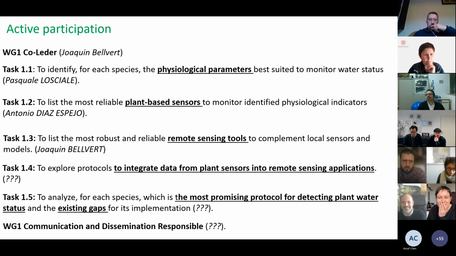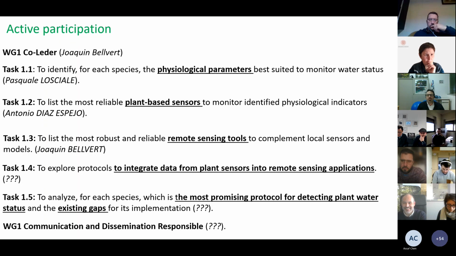And so the last point is about the active participation within this working group. So I introduced you already the co-leader, Joaquin Belvert. At the moment, I take the leadership of the 1.1, the physiological variables linked to the water status.